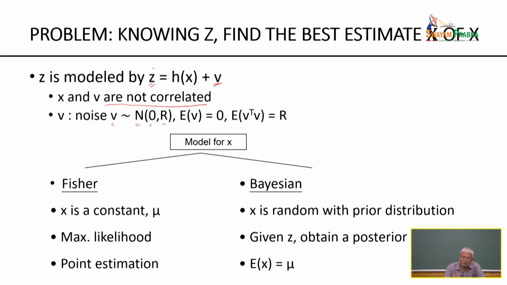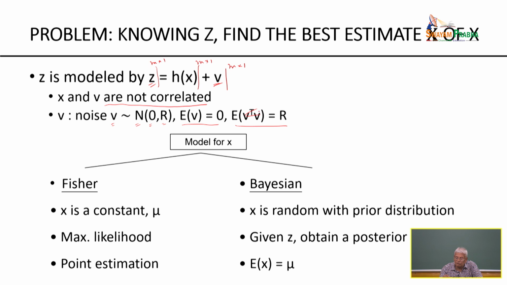Let's look at this now. This Z is an m by 1 vector. This h of x is an m by 1 vector. So the observation is also an m by 1 vector. This vector V is such that its mean is 0 and its covariance is R. There are two things I want you to understand.